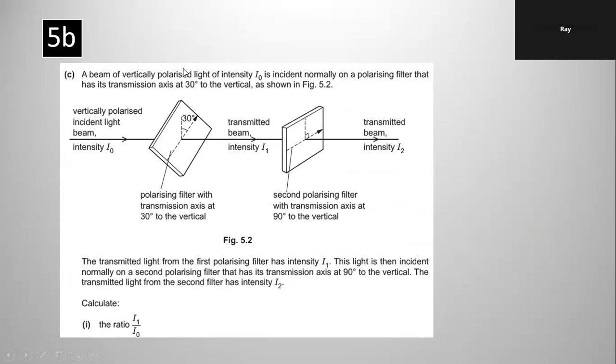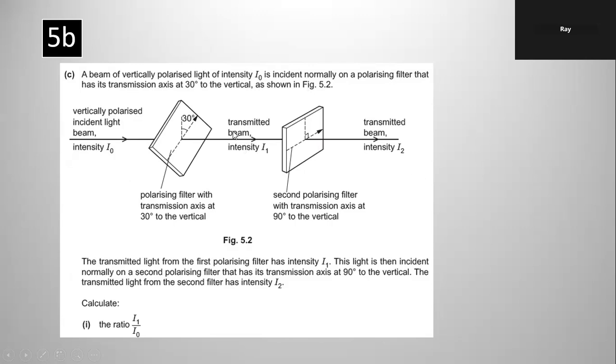A vertical beam of polarized light of intensity I naught is incident normally on a polarizing filter that has a transmission axis 30 degrees to the vertical, as shown in figure 5.2. The transmitted light from the first polarizing filter has an intensity of I1.